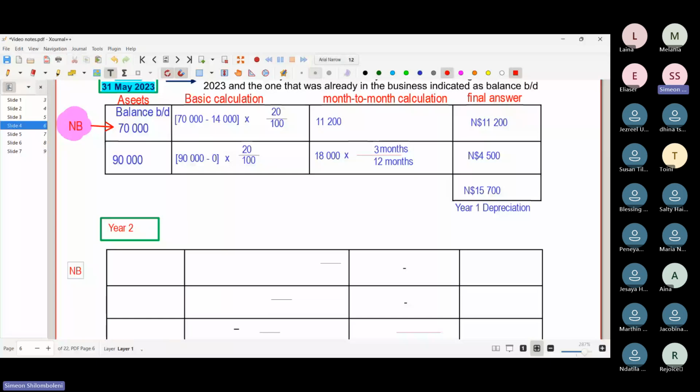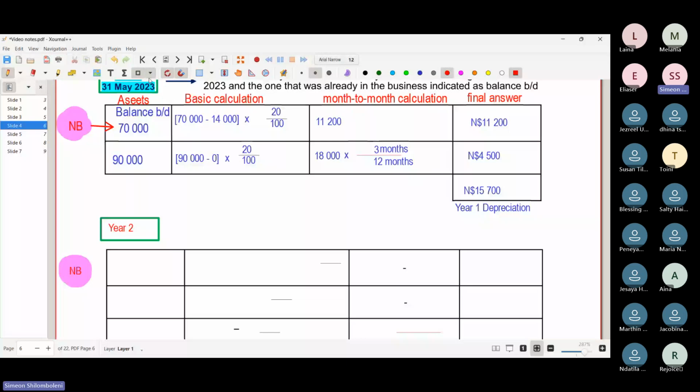Those of you that were following, what does this NB mean to you? It's the balance brought down. Good. You shouldn't forget the balance brought down. Every year, the assets must be depreciated. You don't only depreciate the new ones that you buy. Every year, the assets are losing value.